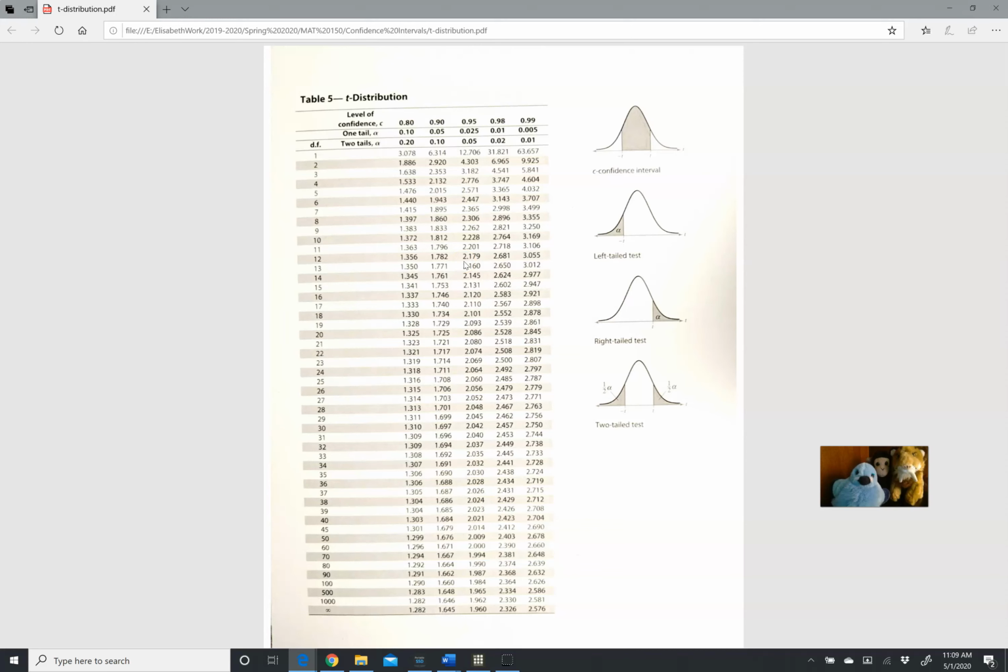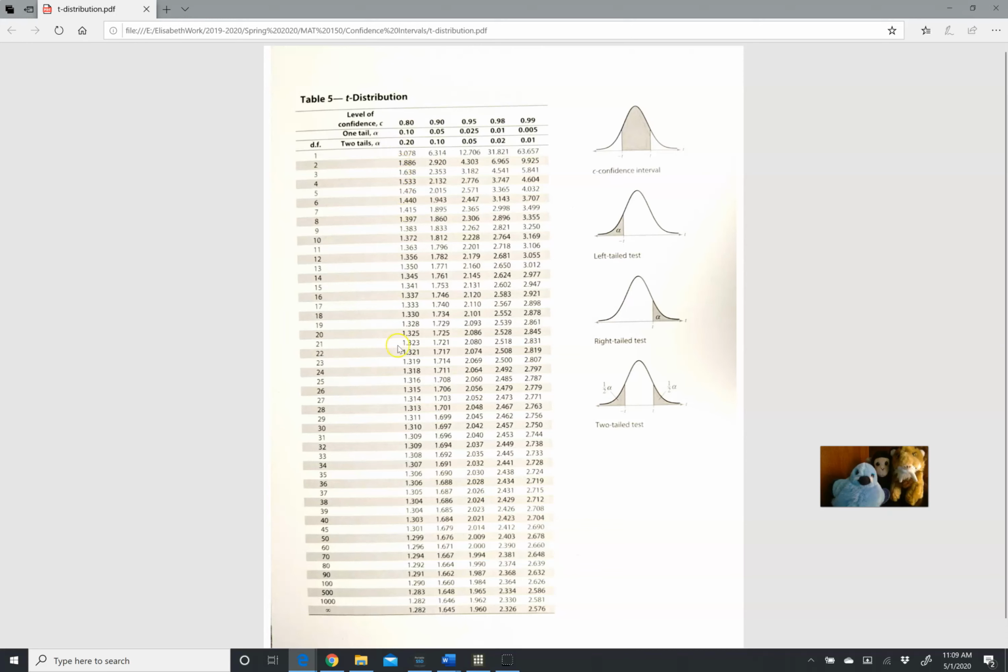If we were doing a two-tailed test with a level of significance of 0.2, that means a 20% chance that the test statistic falls within that region. In other words, a 20% chance that it's an anomaly. Here we go to the two-tailed test, 0.2, and let's say our degrees of freedom was 30.